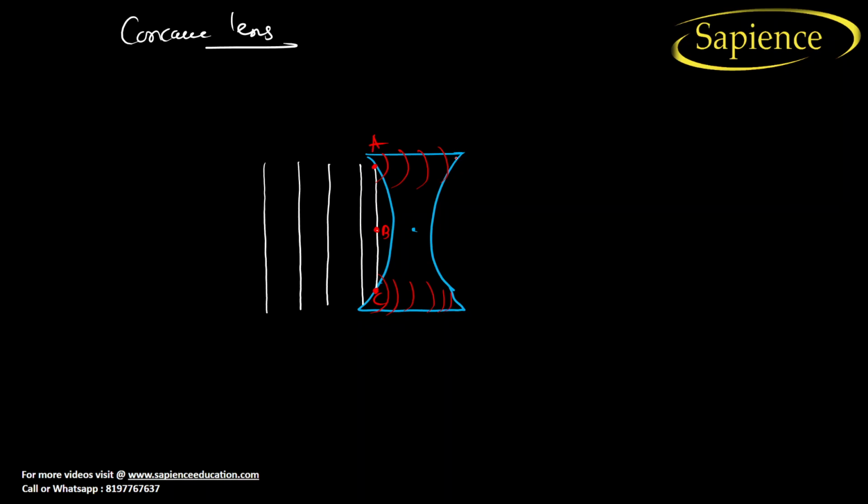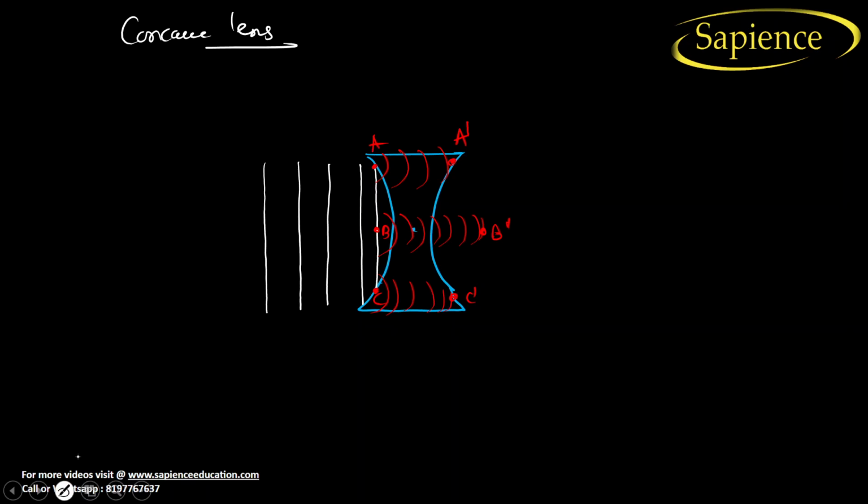So the moment at which A as well as C will reach this point, at the same time B has to travel less in the lens, but it has to travel more in the air. So definitely it will move ahead of this, due to which you will get B dash at this position.